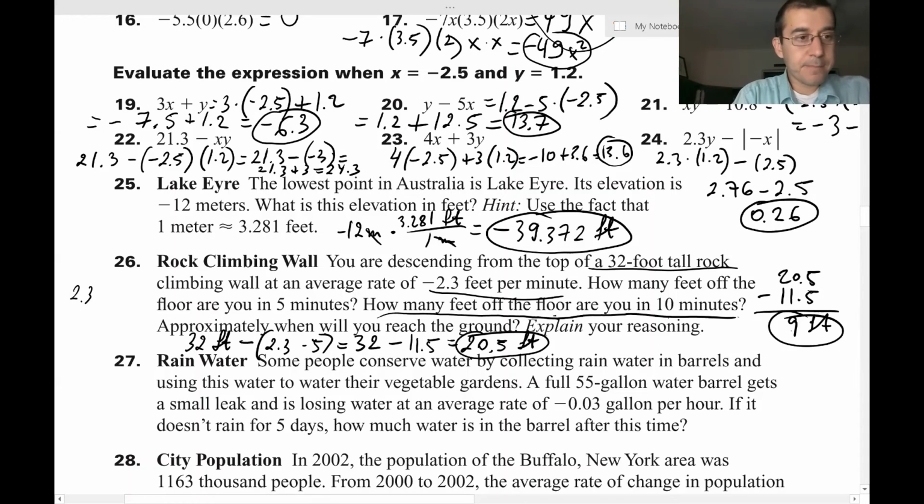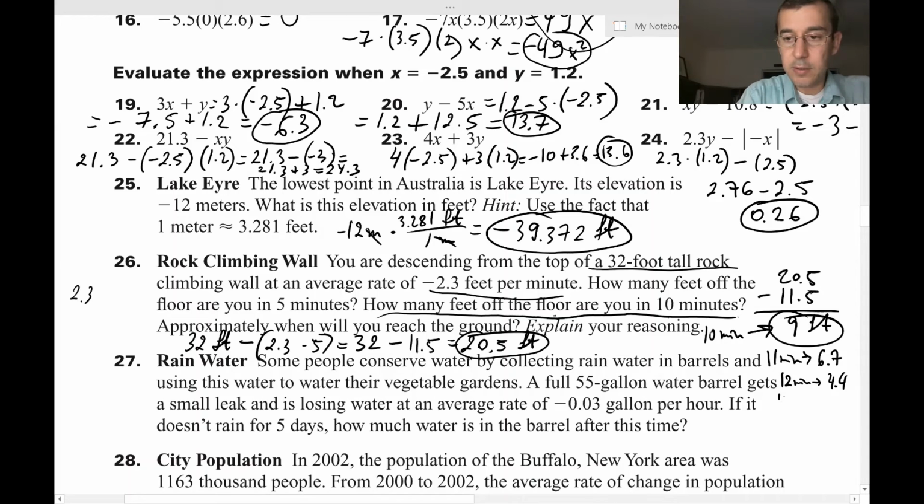So at 10 minutes, you are at 9 feet. In 11 minutes, you're at 9 minus 2.3, or 6.7. At 12 minutes, you're at 6.7 minus 2.3, or 4.4.